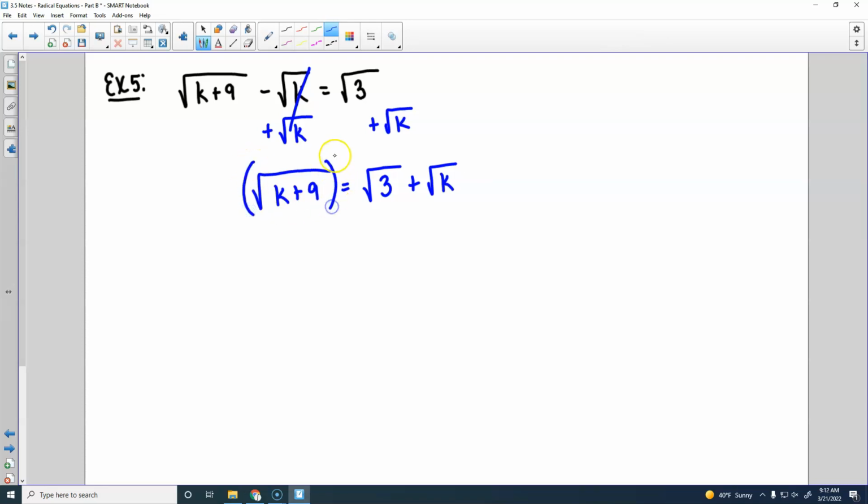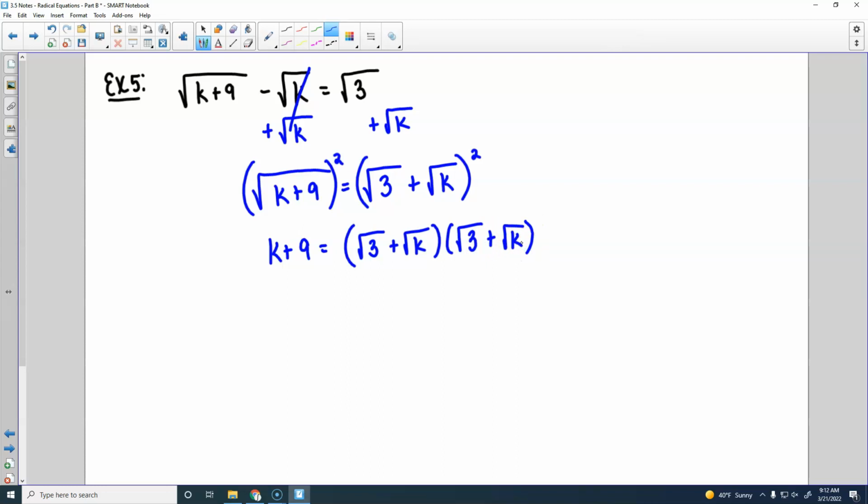So if we square both sides here, left-hand side is just going to be k plus 9. That's no problem. This is where we're going to have to write it twice. Again, if you can do it in head, that's wonderful. All right, so to multiply these together, square root of 3 times square root of 3 is just 3.